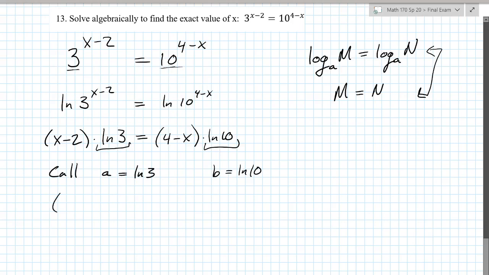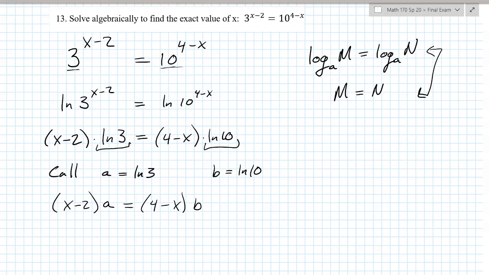That way I can solve my problem for x, and I don't have to keep around the ln of 10 and the ln of 3. I'm going to treat A and B as constants because that's what they are, because the ln of 3 is a number and the ln of 10 is a number. So we're treating those two as constants, and then we're just going to solve for x as usual.